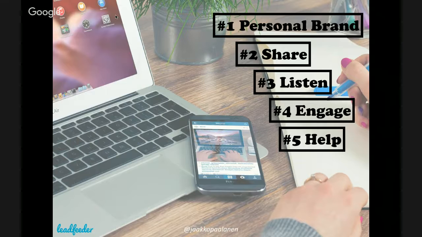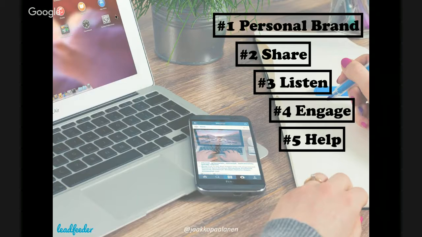Share about things that are generally interesting for many people, so that they can have a read and they don't feel pressure that now somebody is trying to sell something to them. This is really important when you share content and messages and everything. So remember not to do it in a too salesy way.